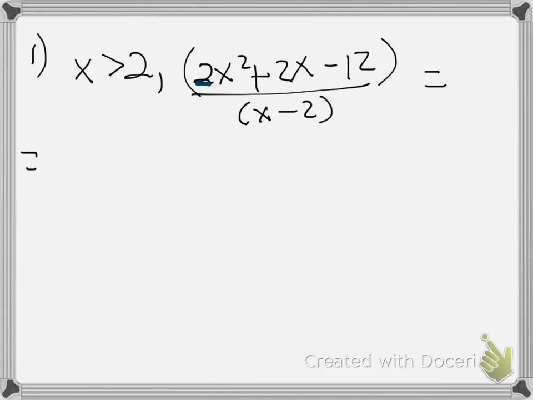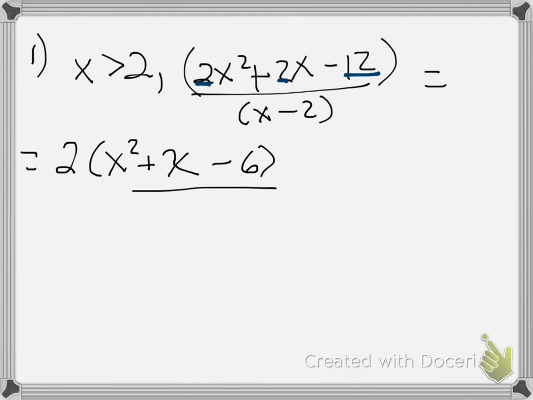I would look at each of those coefficients and notice that they all have a 2. So I could factor a 2 out. And then I've got x squared plus x minus 6 all over x minus 2.